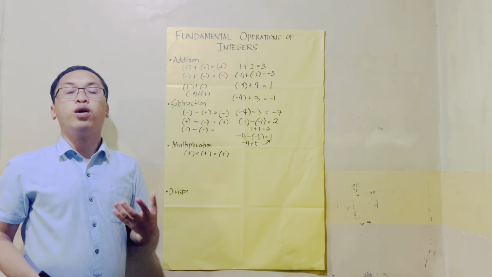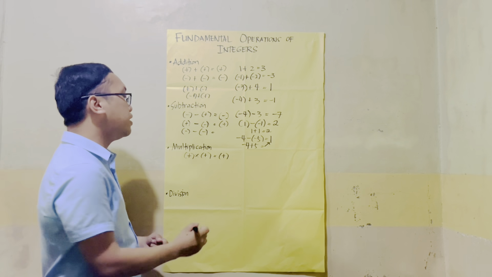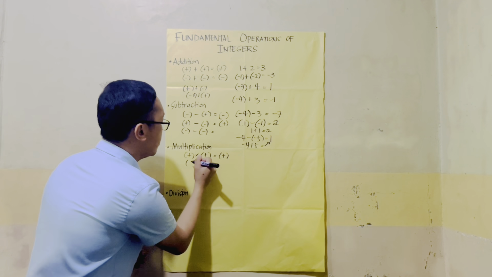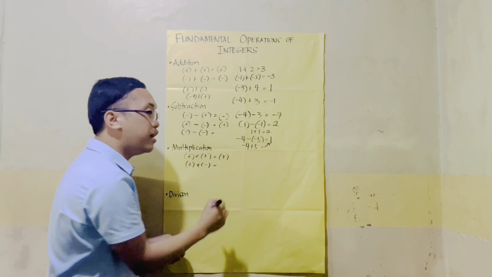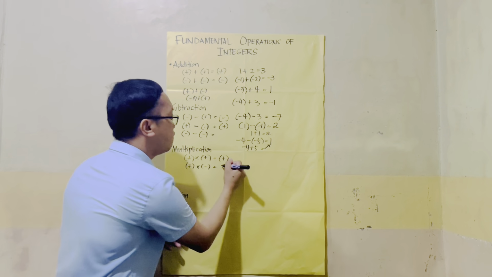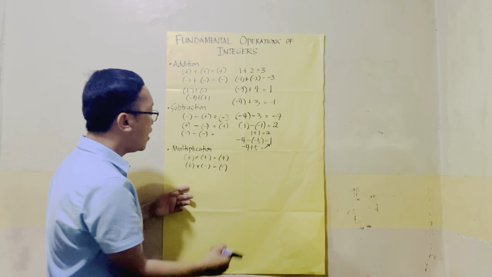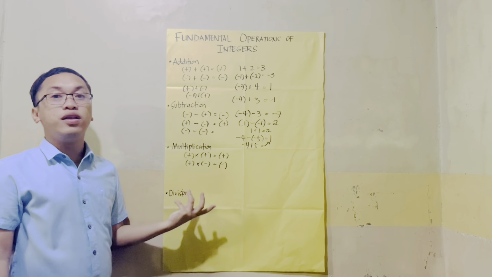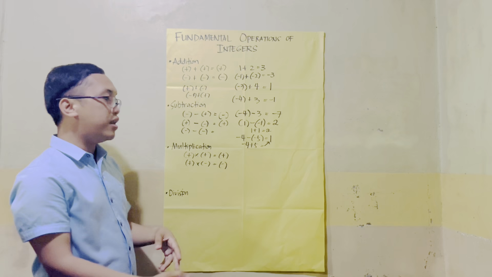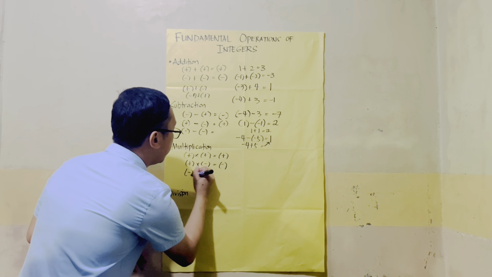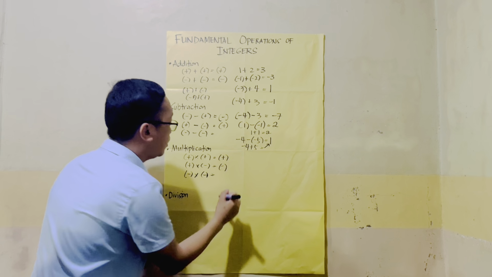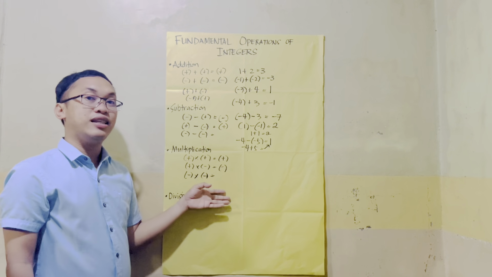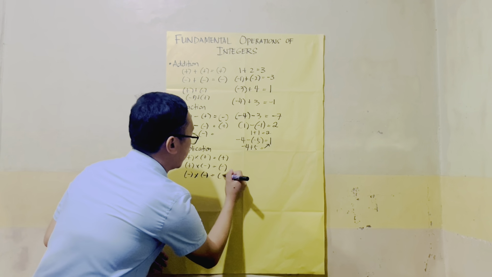When we multiply a positive and a negative number, let's say positive times negative, it will yield a negative number. And the third one, if we are going to multiply both negative numbers, negative times negative, it will yield a positive answer.